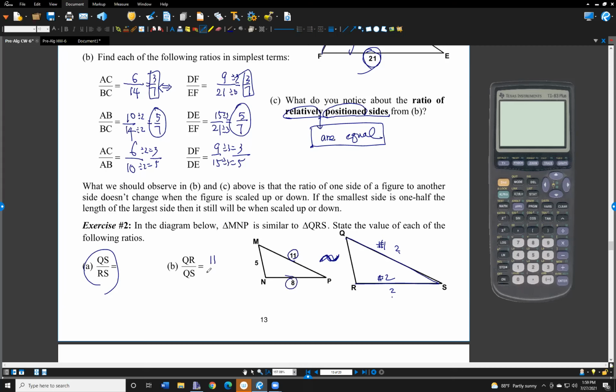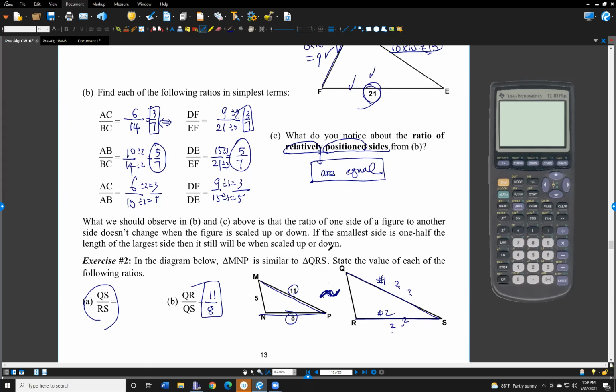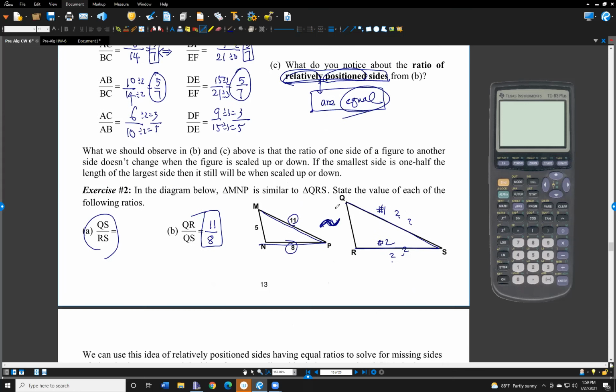So the answer, 11 over 8, is correct. Even though we don't have any numbers over here, we use this ratio. Any relative position sides have the same ratio. 11 is the first, 8 is the second. 11 over 8 equals QS over RS. So it's going to be 11 over 8.